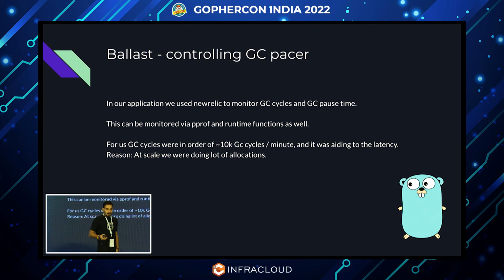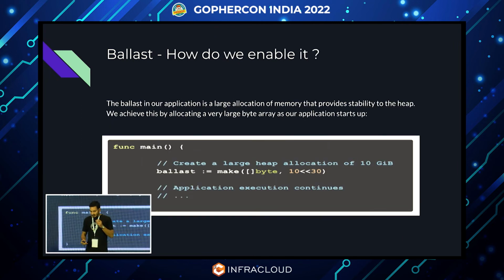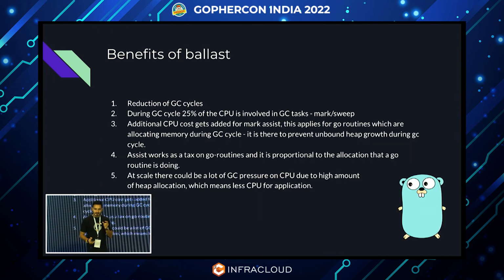Now we'll talk about how this actually helps in reducing the latency. One is fewer GC calls, which gives more CPU time to the application. But there's one more thing that happens during the GC cycles. When there is a GC cycle, the Go routines which are allocating memory to the heap are involved in the GC assist process as well.